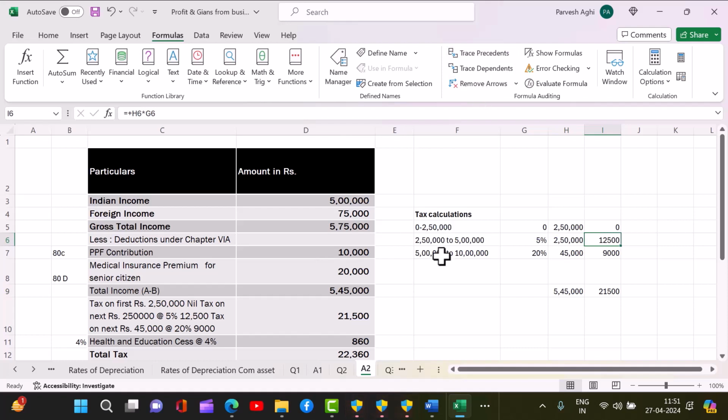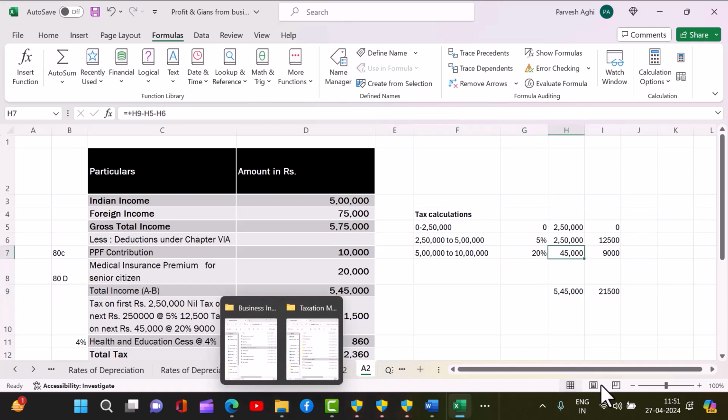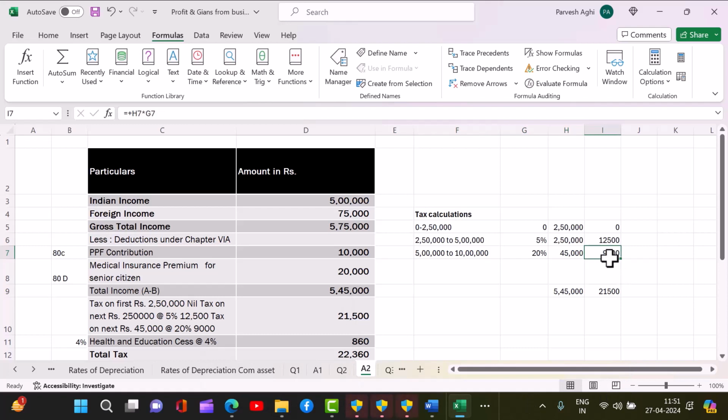And then between 5 lakh to 10 lakhs, which is 5 lakh 45,000 here, this income I have taken from here. So from 5 lakh to 10 lakh, 20% on 45,000. So tax will be 9,000. Fine. So total tax will be then 21,500. Is that okay?